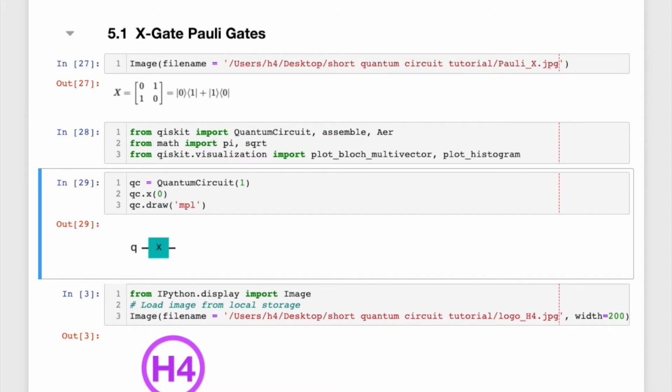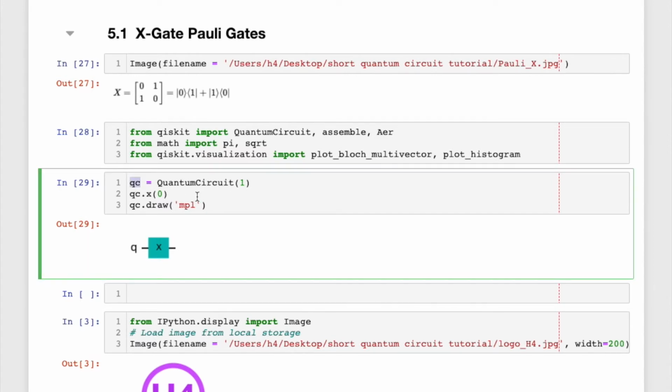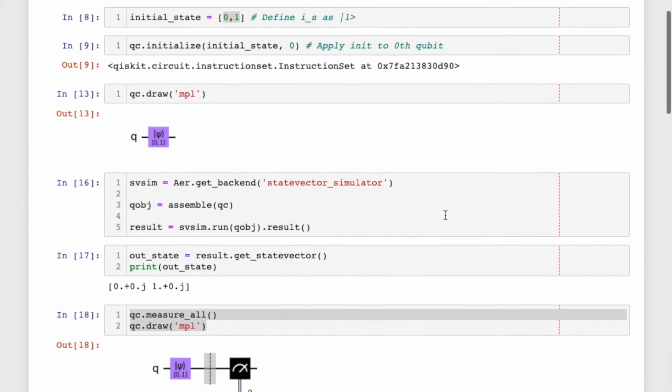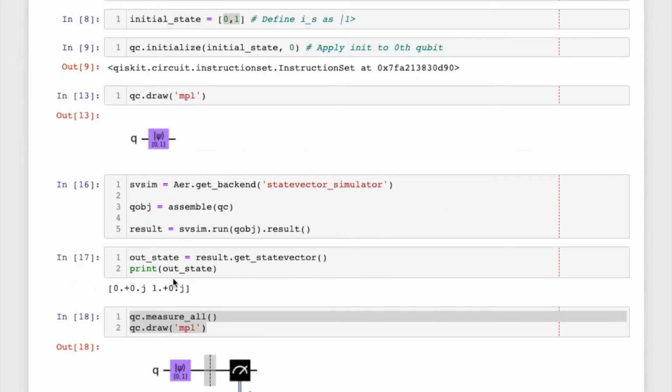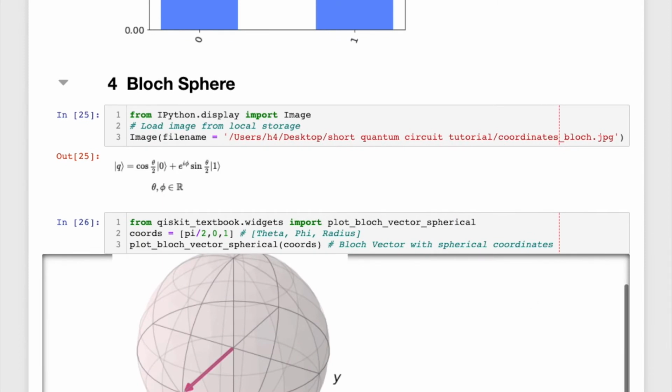If we want to visualize what this does, you remember QC was initialized as something like 0, 1. If we turn 0, 1 around x, then we are going to have the vector looking down.